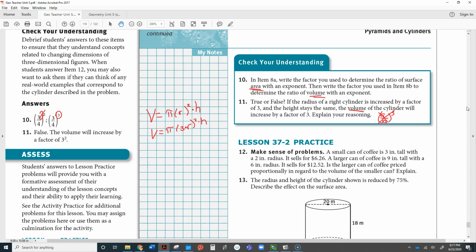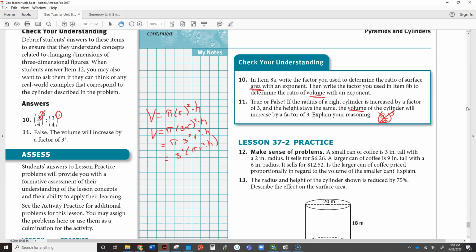So now, how is this answer different from the first one? If you pay close attention, you'll see that it is 3 squared times r squared times h. So if you pull this out in front, then this is exactly what we had before, pi r squared h, pi r squared h.